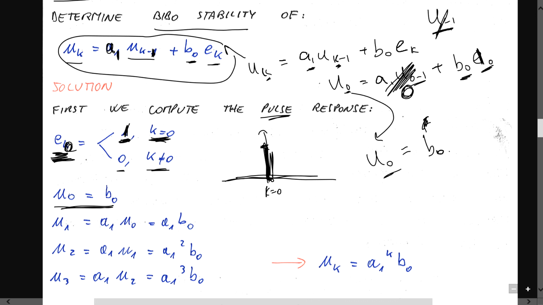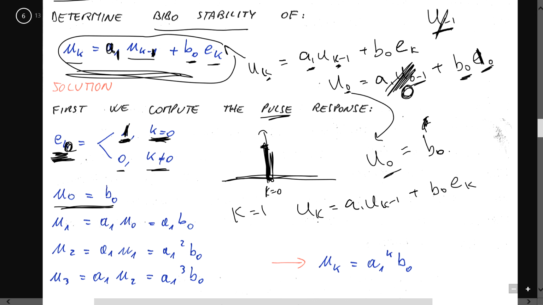Next, if I have Uk equals A1, I'm simply rewriting this term again. Now instead of k equals 0, I have k equals 1. So k equals 1, I have U1 equals A1, and 1 minus 1 is 0, so I have U naught.